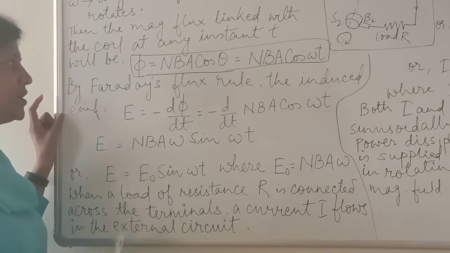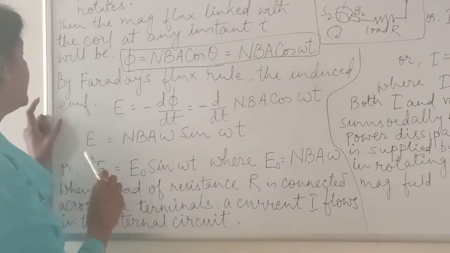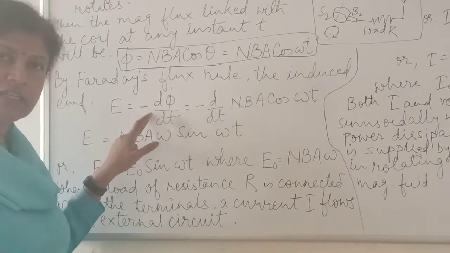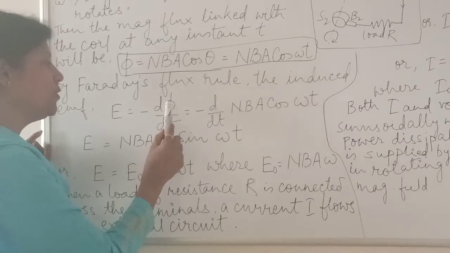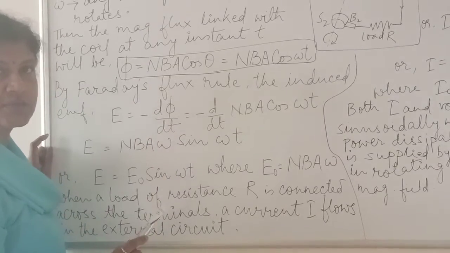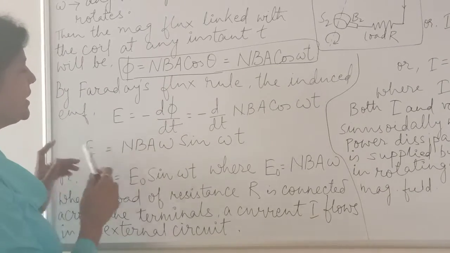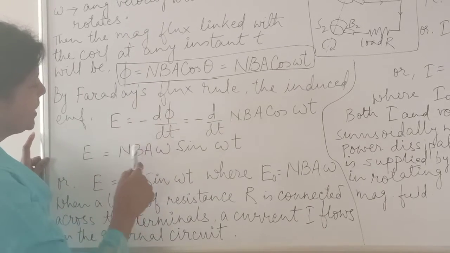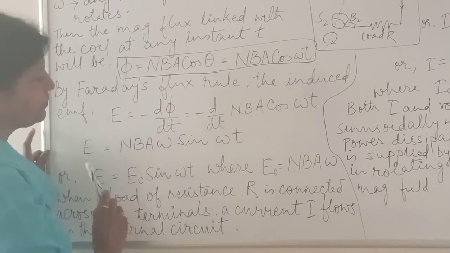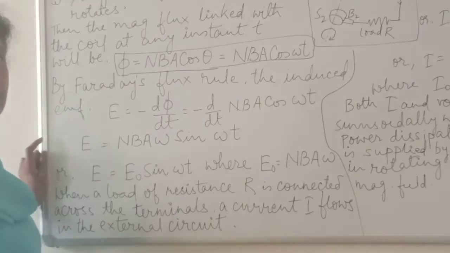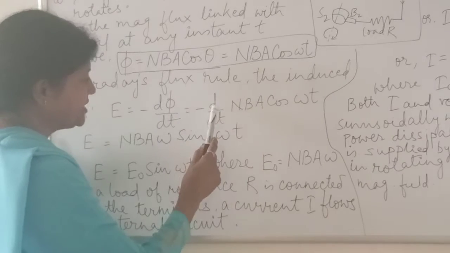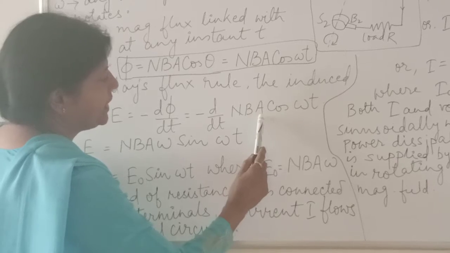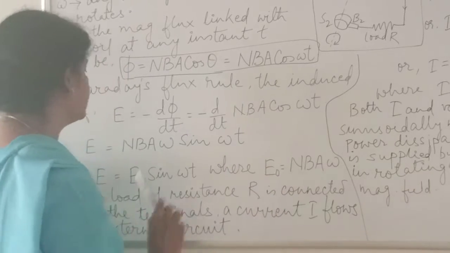By Faraday's law, the induced EMF E is equal to minus d phi by dt. Mathematically, E is equal to minus d/dt of phi. Substituting the value of phi, we get minus d/dt of NBA cos omega t.